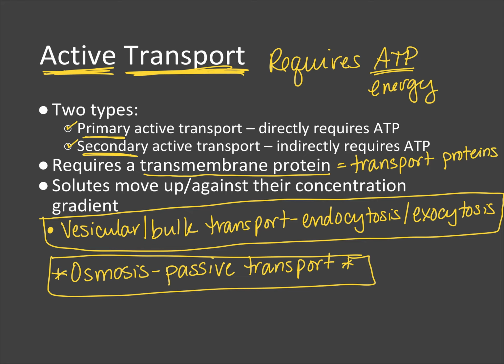But the big difference between active transport and facilitated diffusion is that these solutes are going to move up, or against, the concentration gradient. In facilitated diffusion, the solutes were moving down, or with, the concentration gradient. In active transport, the solute is moved against its concentration gradient.